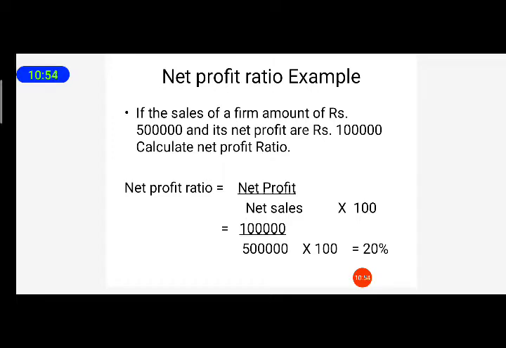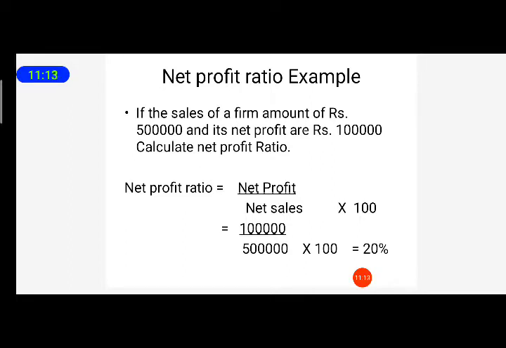Net profit ratio is equal to net profit divided by sales into 100, equal to 1 lakh divided by 5 lakh into 100, which is equal to 20%. The net profit ratio is equal to 20%.